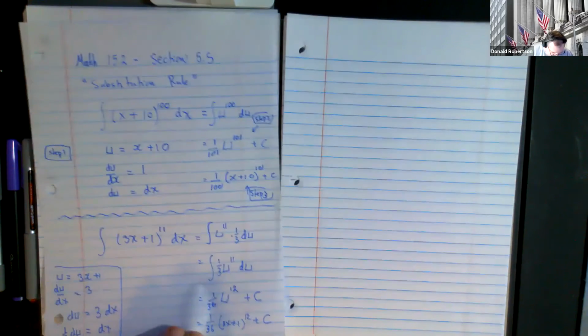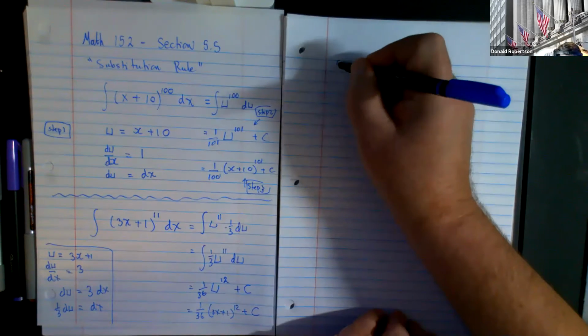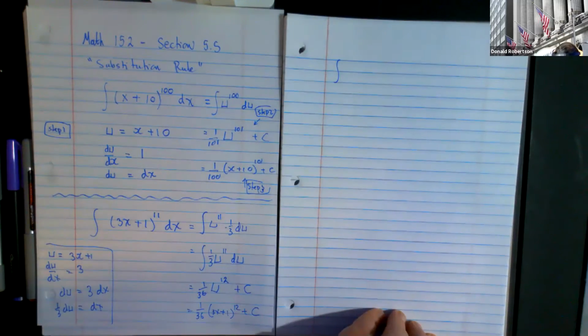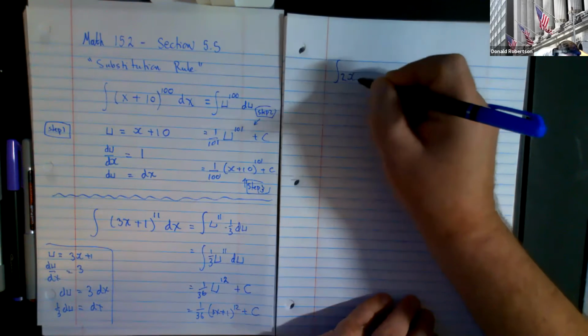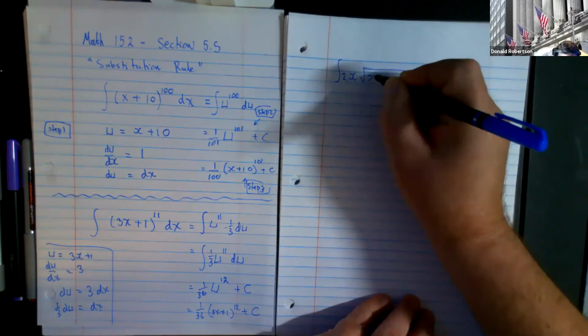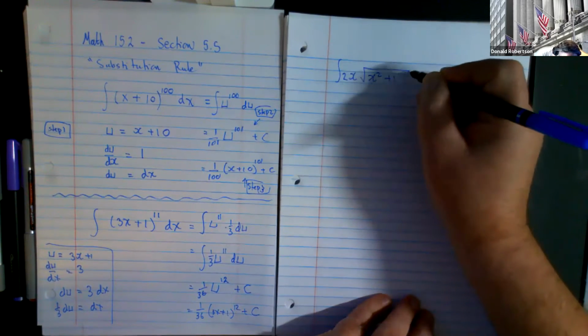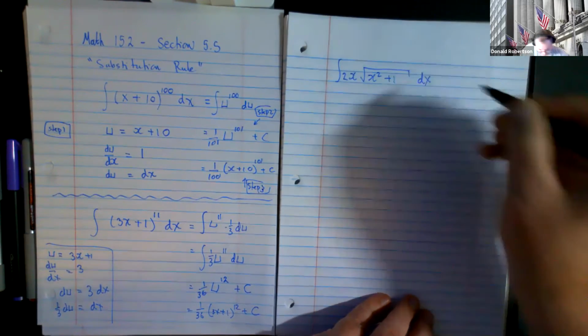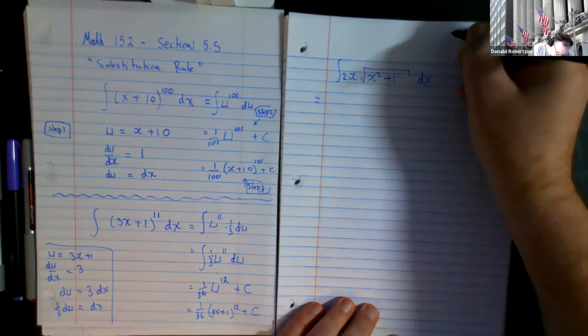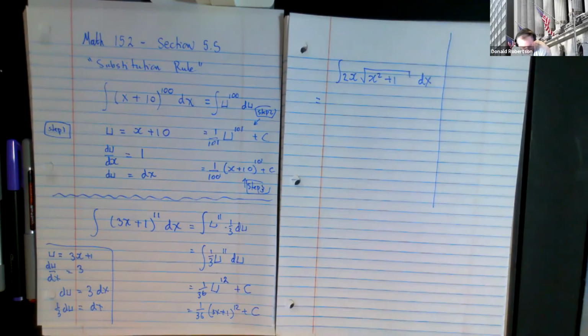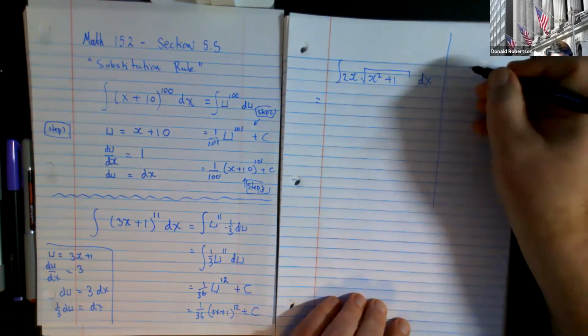Show you another one. Let's do the integral of 2x times the square root of x squared plus 1 dx. Okay. I need a u sub.